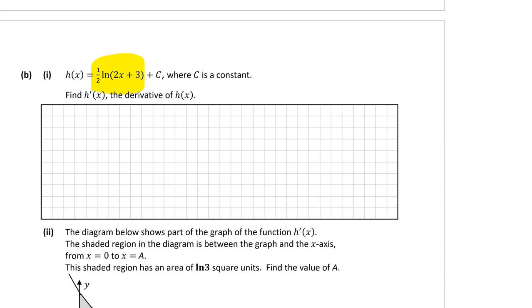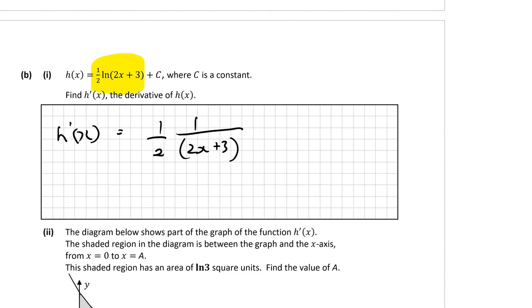So that is going to be half of, well, it's going to be 1 over 2x plus 3. Now, the derivative of any constant c, we know there's no x term there, so that just becomes 0.